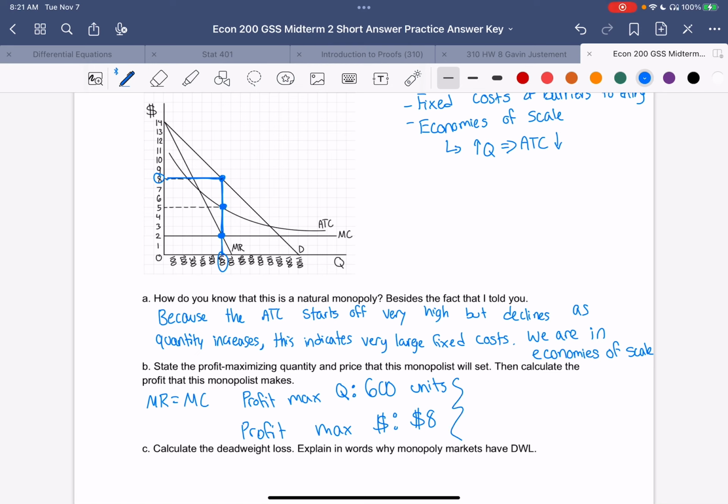So now we solve for profit. Profit equals price minus average total cost times quantity, and that is equal to 8 minus 5 times 600. So that is 3 times 600, which is 1800.